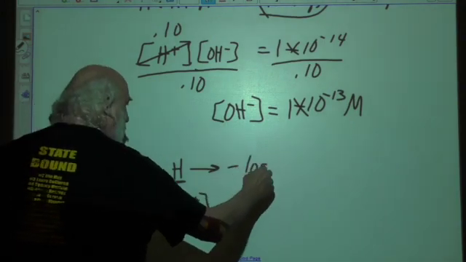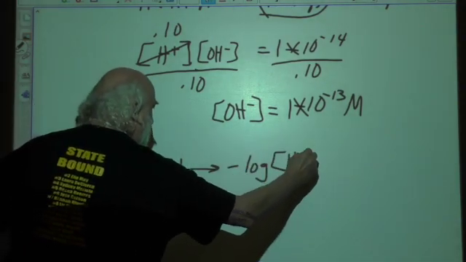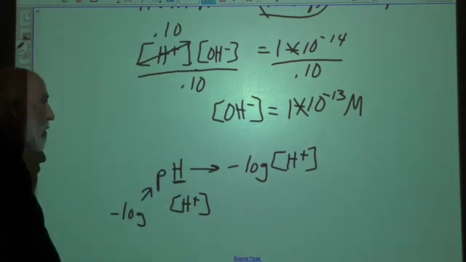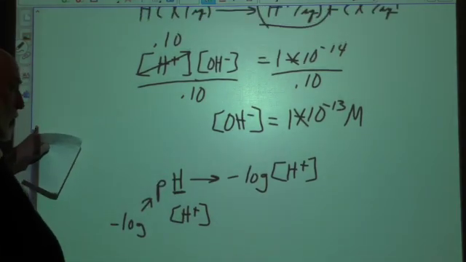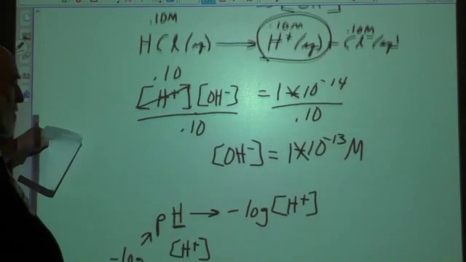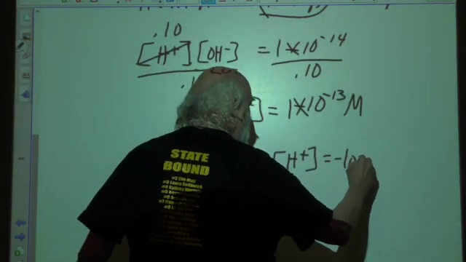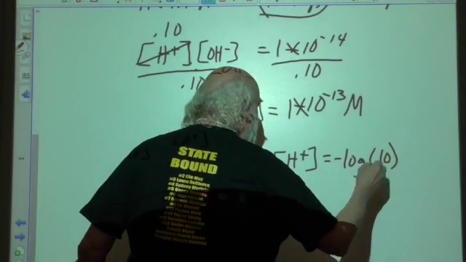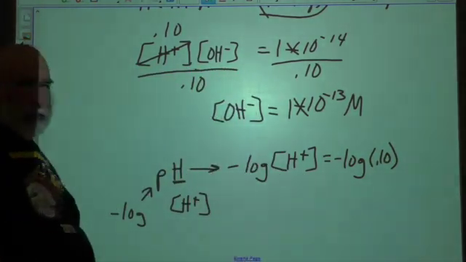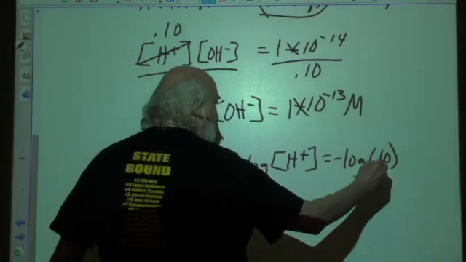So this is the negative log of the concentration of hydrogen. Well, we know that the concentration of hydrogen is 0.10 here, so this is going to equal the negative log of 0.10. You punch that into your calculator, you get 1.